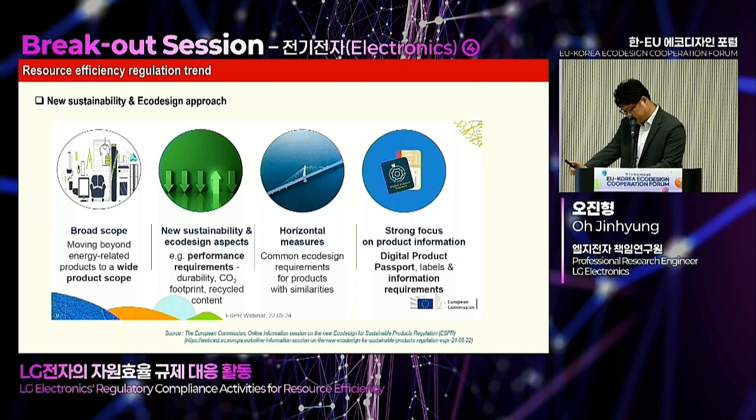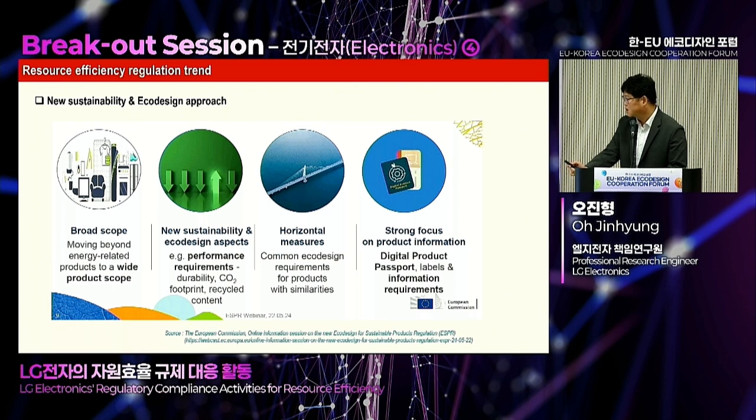As part of regulatory trends, I'm going to talk about ESPR and the French Repairability and Durability Index. There has been a detailed explanation on ESPR already: the product scope is broader, and there are more evaluation items. Also there are horizontal requirements, so the same criteria will be applied to similar products, and also the digital product passport, DPP.